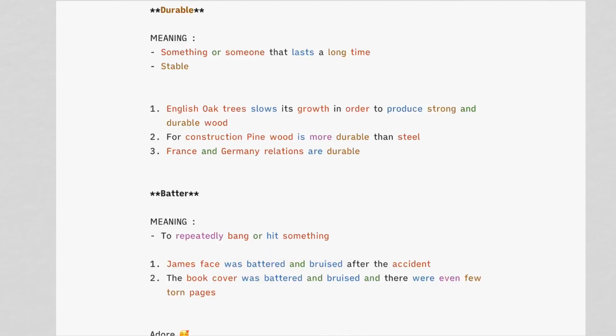Second one, the book cover was battered and bruised, and there were even a few torn pages. So the book was also hit or thrown or banged. That's why we're using the word batter in this one. The meaning of batter is to repeatedly bang or hit something.